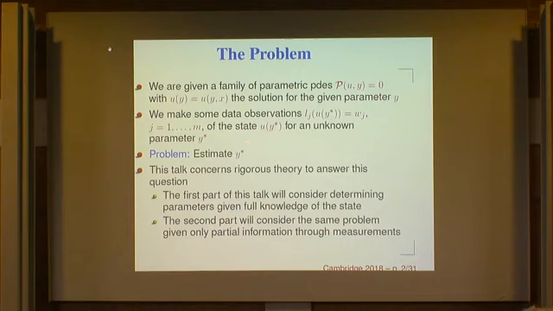Now my philosophy in approaching numerical problems is to first try to understand what is the optimal performance we could possibly get. Before we start creating numerical methods, what's the best we could possibly do?